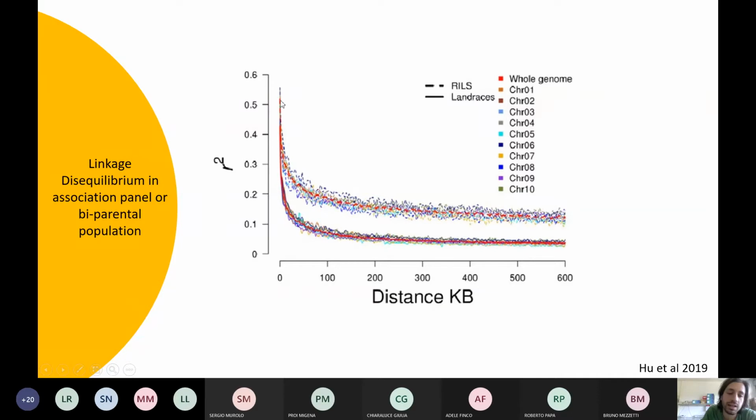As we can see, in landraces the LD drops faster than in the recombinant inbred lines. So it means that using a mapping population that comes from a natural population, we can reduce the extent of the linkage disequilibrium, and that means a higher resolution in the analysis.